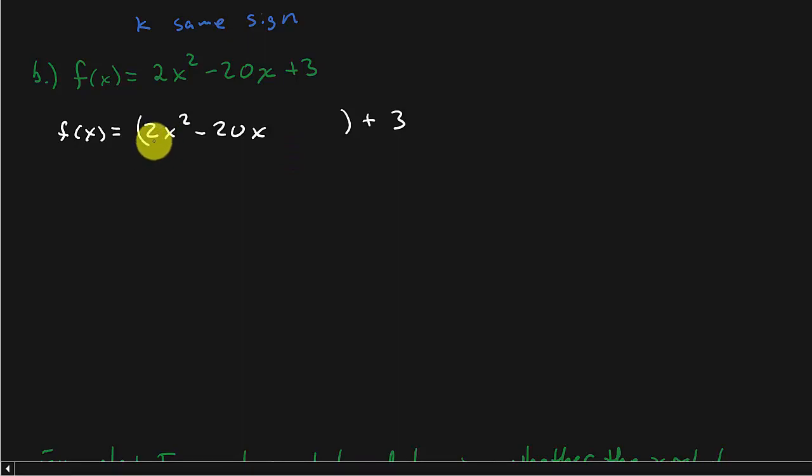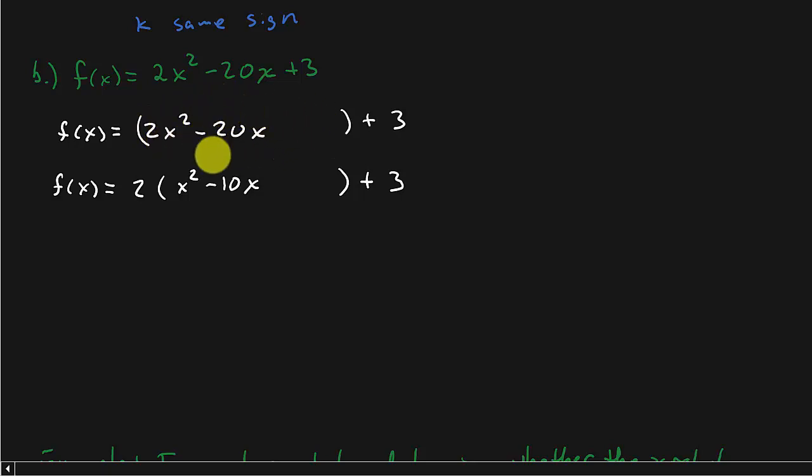And notice here we have a 2 in front of our squared term. So I'm going to factor this 2 out. So that's going to give me f of x equals 2 times x squared minus 10x plus 3. So I just factored a 2 out of this first part right here.